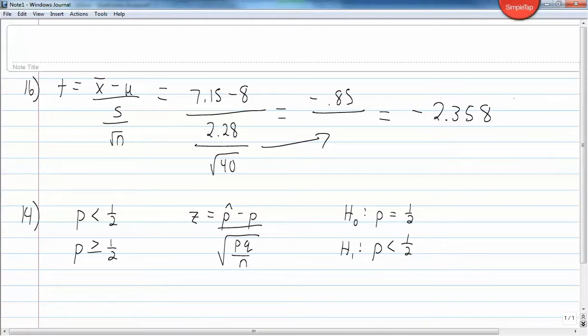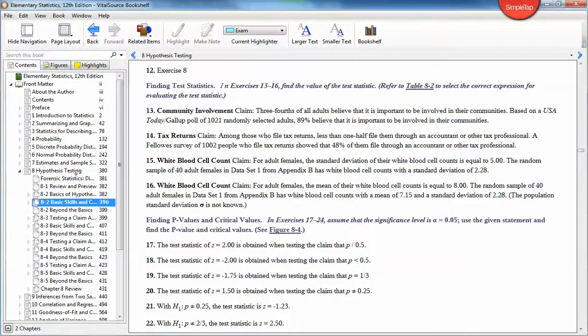Alright, so this value here, 1/2, is my p. p hat will come from the sample. We'll have to figure that out. And then if p is 1/2, q is 1/2, and then we'll have to figure out the n, whatever the number of data items are in the sample. Okay? So a survey of 1,002 people. So your n is 1,002. And then it showed that 48%.